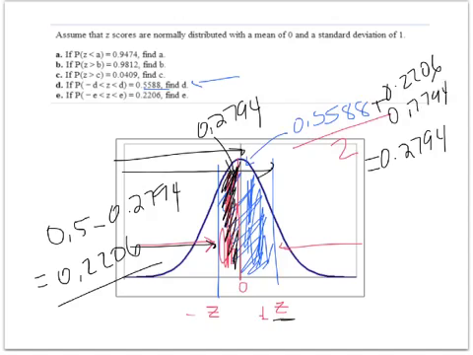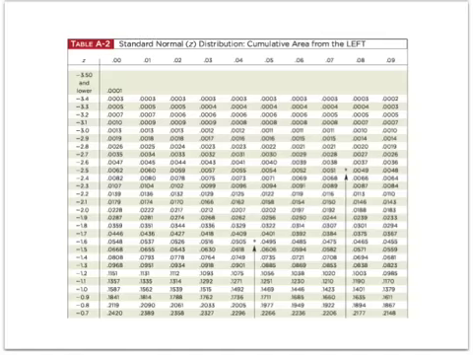Well, what you're going to see, and the key that you need to recognize, is this curve is symmetric. So whatever you get to the left, you should get the same value to the right. So if I look up 0.2206, I get minus 0.77.